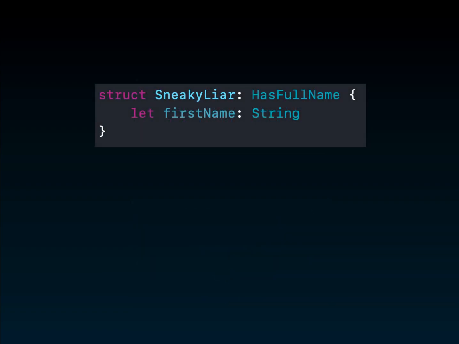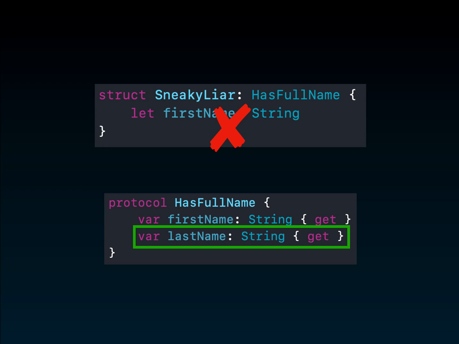And to take a counter example, if there's another object that tried to declare that it adopted the HasFullName protocol, the compiler would look at it and see, hey, wait, you are missing something. You do not meet all the requirements. You're missing that last name string. You need that property. And so what the compiler is saying is, you have one of two options.